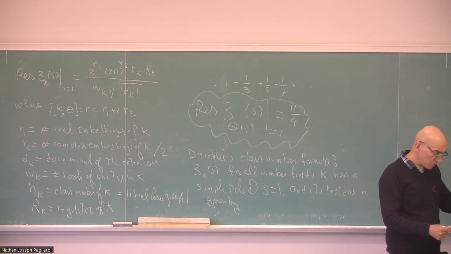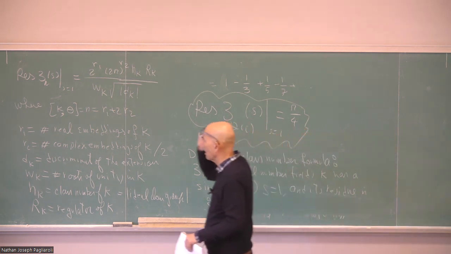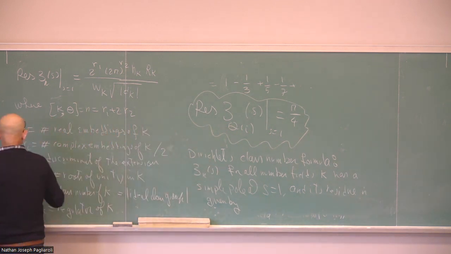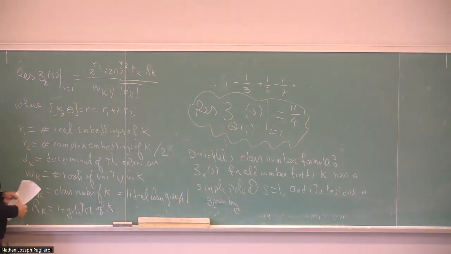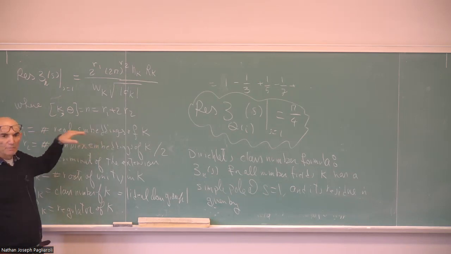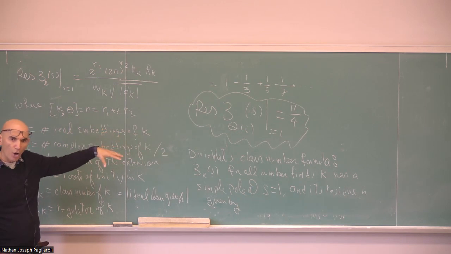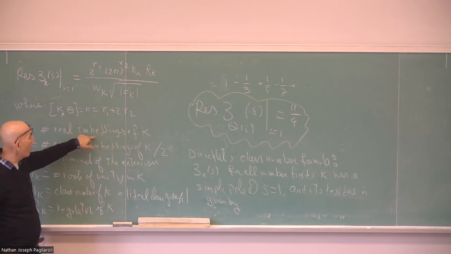So I still have to define some of these terms, like r1, r2. But let's settle this before we leave. r1 is clear: the number of real embeddings of K, meaning the number of embeddings that put K inside R. For example, for Z[i], what is r1?